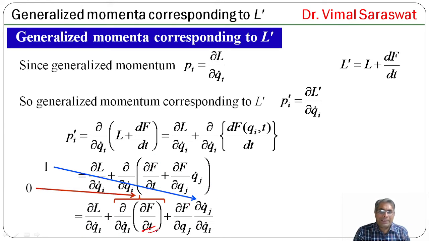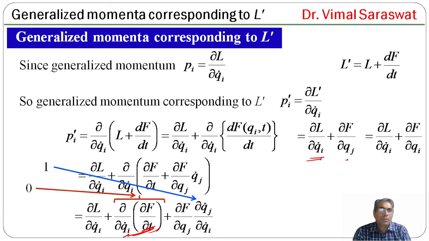∂f/∂t does not depend on velocity, so this will be 0. So Pi' is equal to ∂L/∂Qi dot plus ∂f/∂Qj, or this will be equal to ∂L/∂Qi dot plus ∂f/∂Qi. So we replace this j with i, because here we have only one subscript, so we use i.